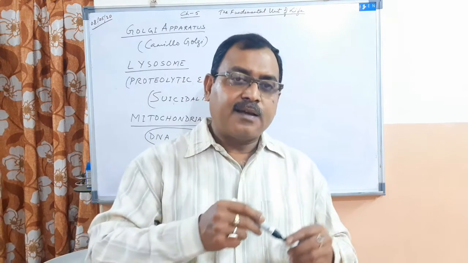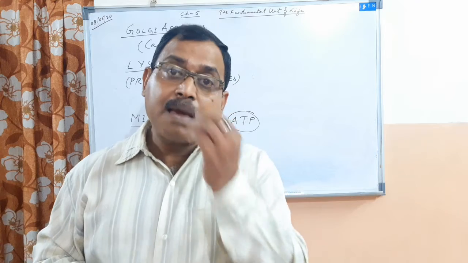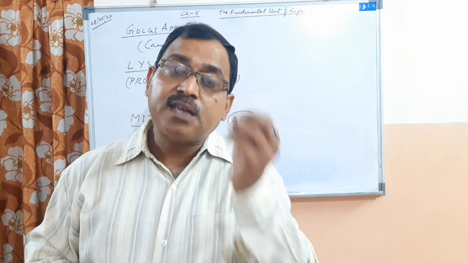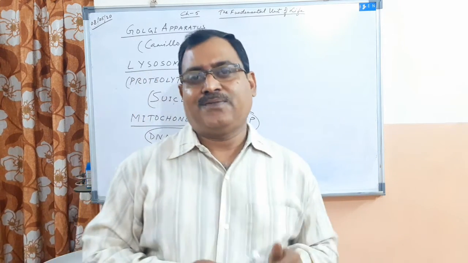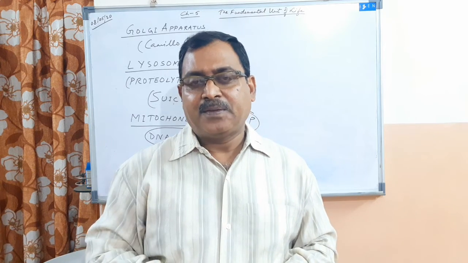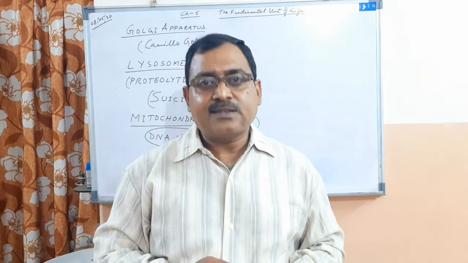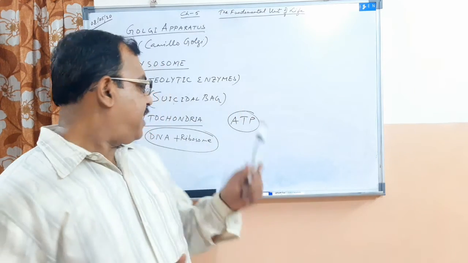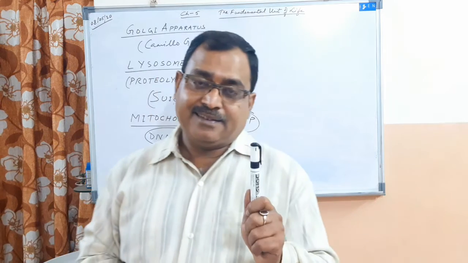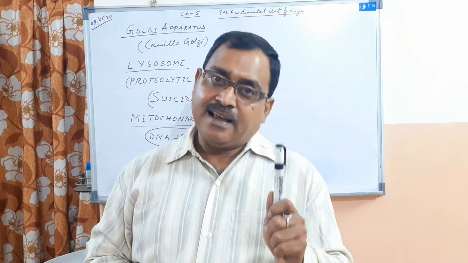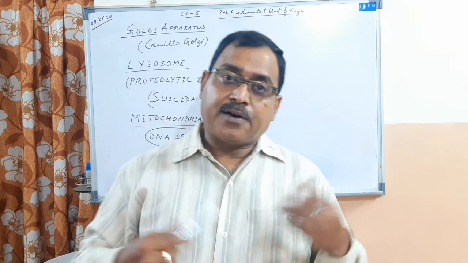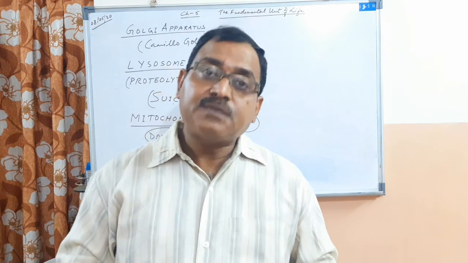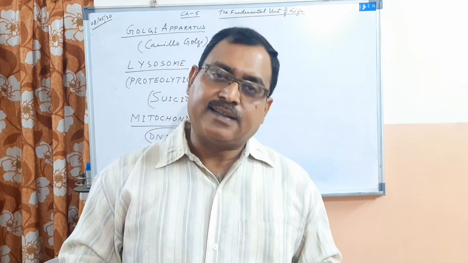For this reason, mitochondria is capable of making some proteins which are exclusively for itself. So you must remember, this is one important characteristic of mitochondria, that mitochondria has its own DNA. Clear? As well as it has its own ribosome for making some specific proteins only for itself.